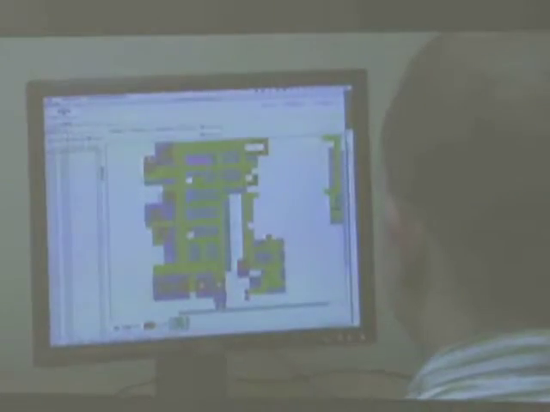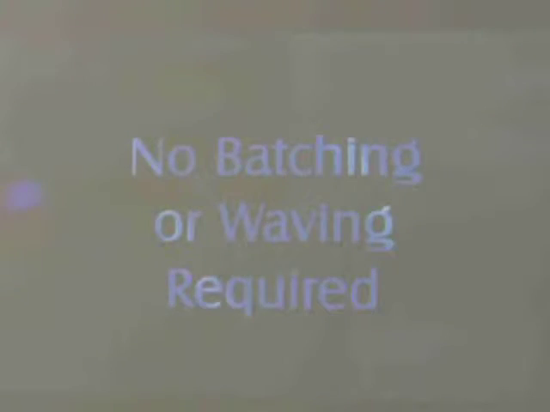Part of the Kiva mobile fulfillment system is a server that is integrated with the customer's warehouse management system. This server receives the customer order and assigns it to a picker at a station. These orders will be filled in real time, unlike other systems that require batching orders together before they can be filled. As soon as the order is assigned, drive units are dispatched to retrieve the inventory required.